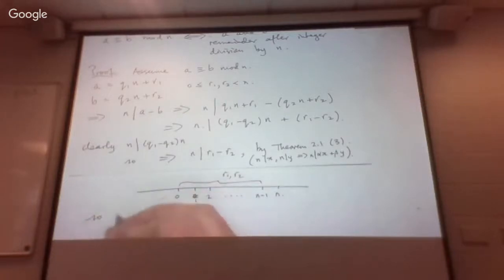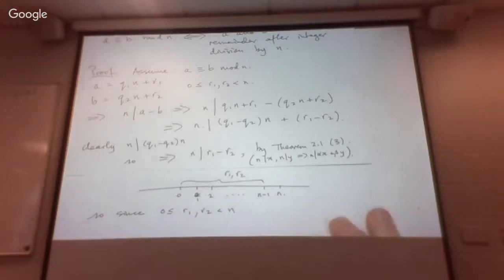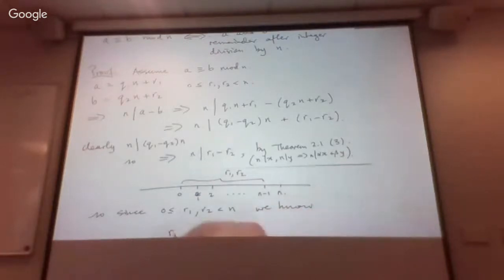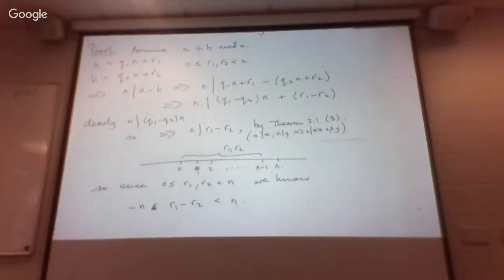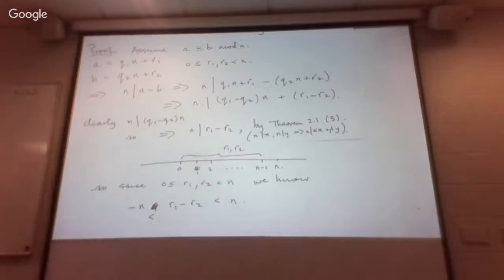So since both of them are non-negative and strictly less than n, we know that the difference between them, so we don't know which one is the larger one, but the difference between them is going to be strictly between n and minus n. So minus n is strictly less than the difference, and the difference is strictly less than n.